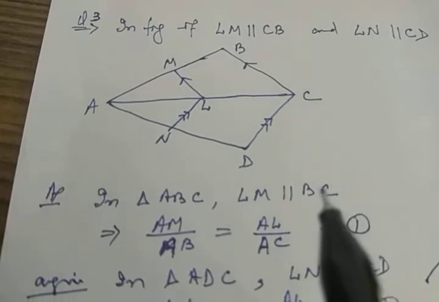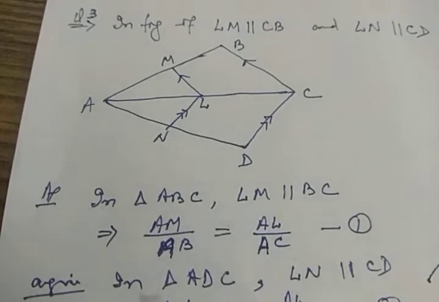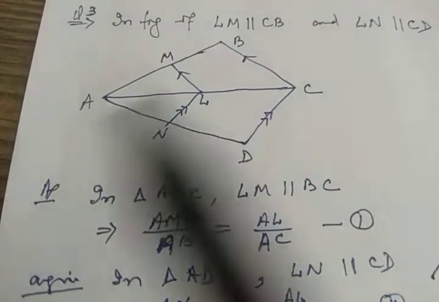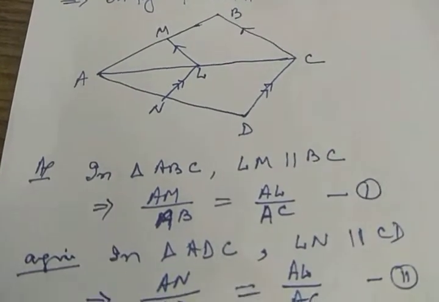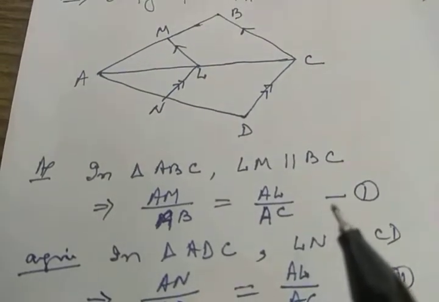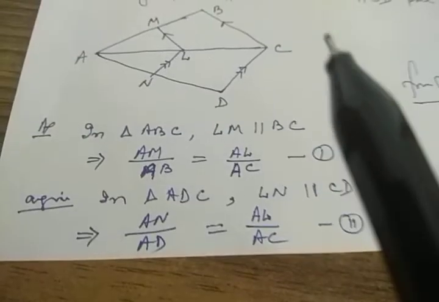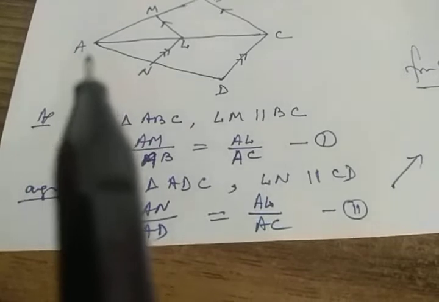What will happen? How can you write the ratio? Just say what is required. AM by whole AB should be equal to AL by AC. Is it clear? AM by AB is equal to AL by AC. In the same way, in triangle ADC, just see the figure, LN is parallel to CD. So what will you write?